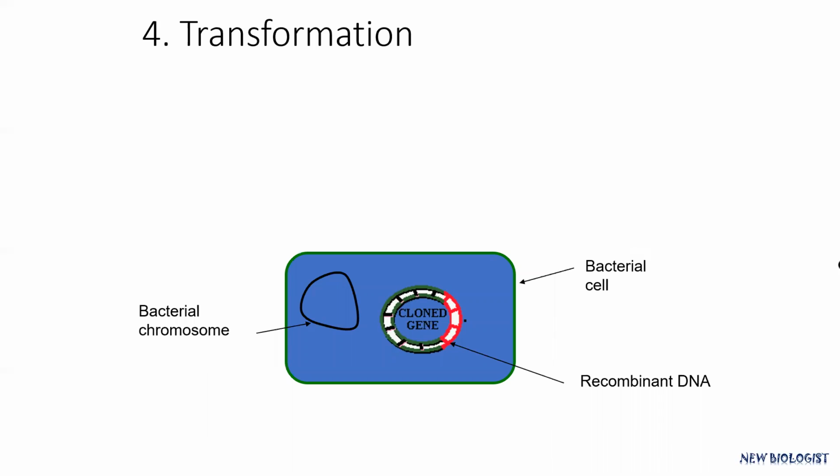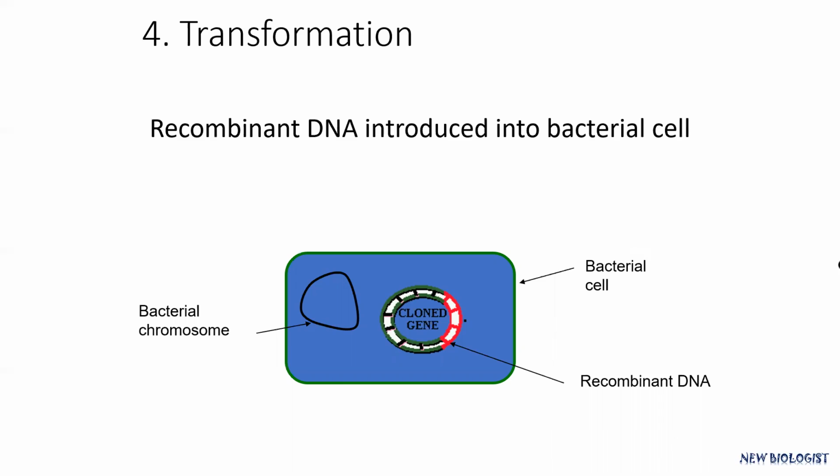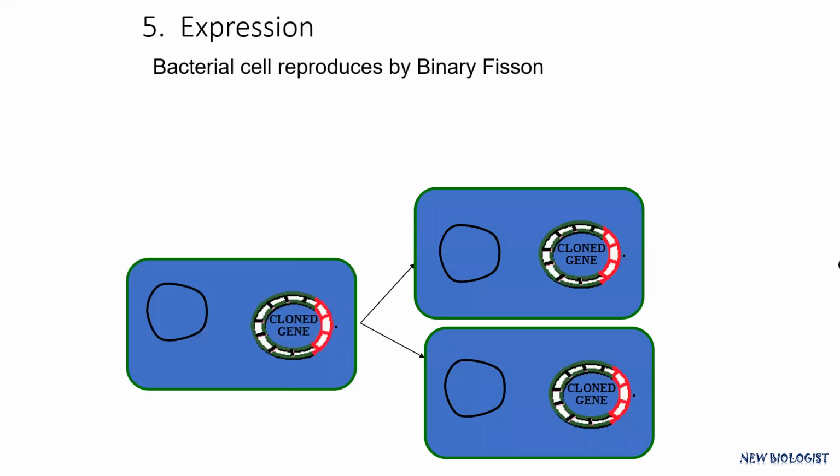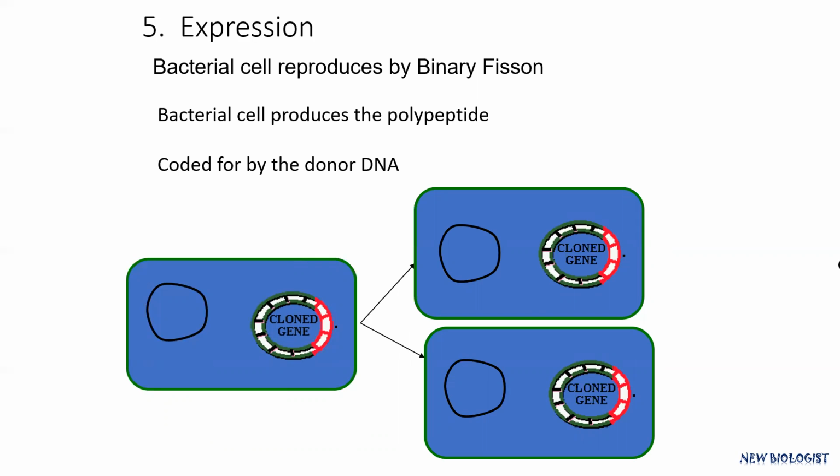This hybrid plasmid is transformed into our bacteria, where we are looking to synthesize our product. At the end, we study the expression. The bacterial cell that has received the desired fragment in a clone should be able to reproduce, and after reproduction, it should be able to produce our desired protein or product.